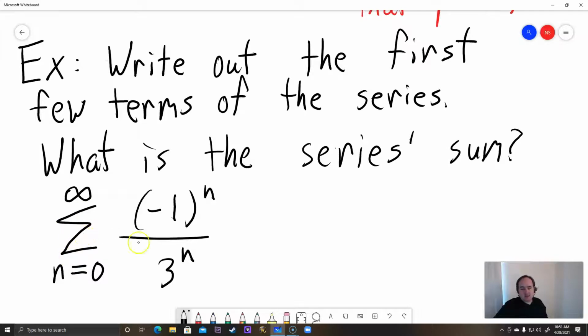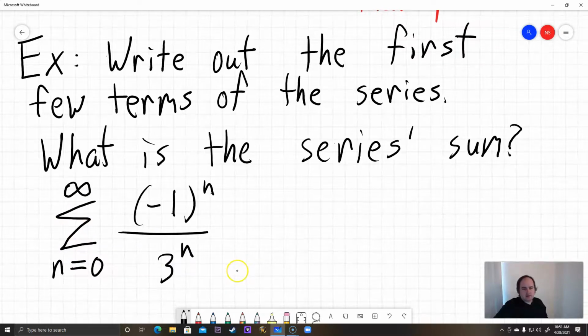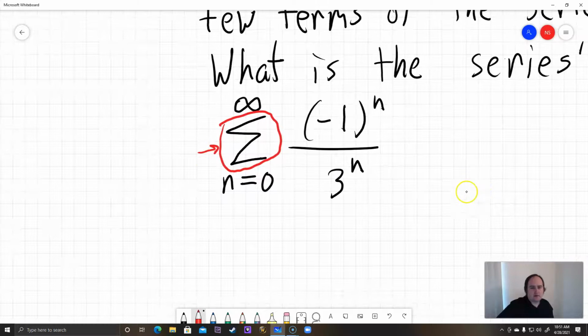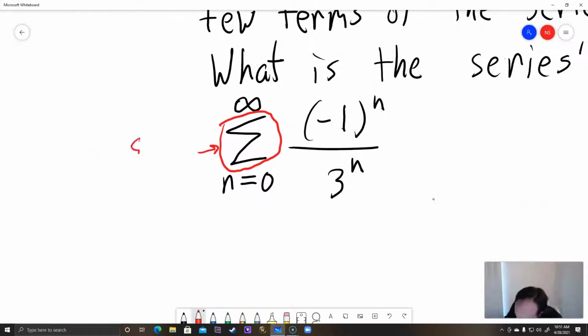This is called sigma. This is called sigma notation, and hopefully you've seen it in another class, like in Calculus 1 maybe. And sigma notation basically just means you add up everything, like we were saying.